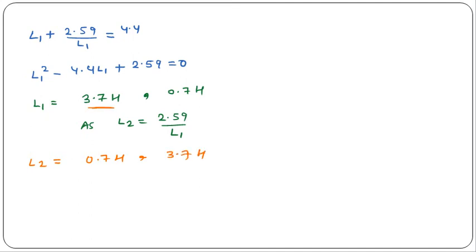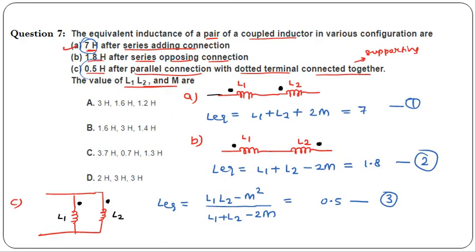So in both cases we are getting the same answer. It means L1 is 3.7 Henry, L2 is 0.7 Henry, and the M value we have obtained as 1.3 Henry. So this is the answer, and this matches option C, which is 3.7 and 1.3.